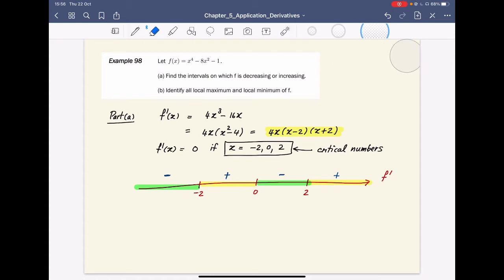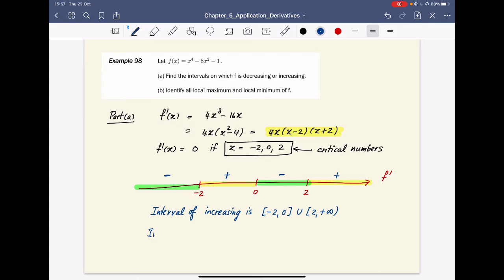All right, next we are going to answer part A now. This is going to be the interval of increasing. You just answer with the one where you see the positive sign, which is going to be negative 2 to 0, union 2 to infinity.